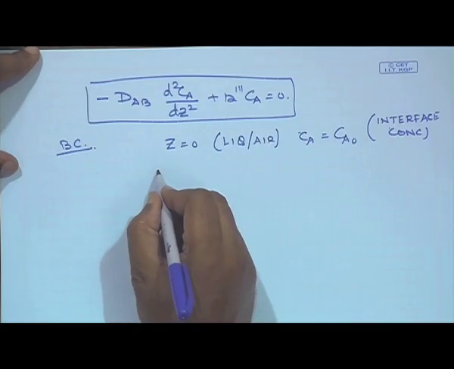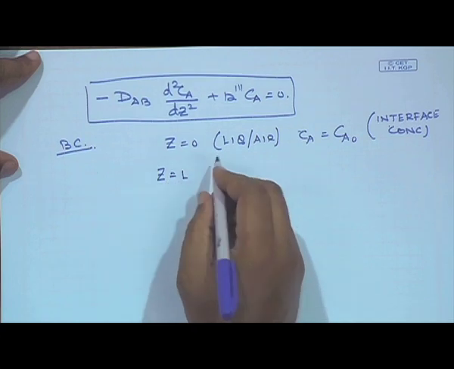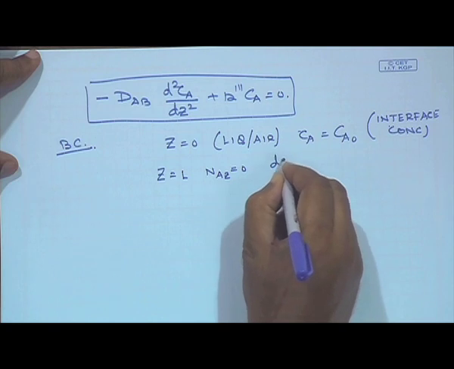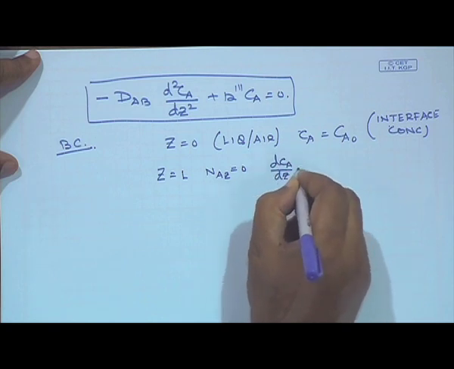The concentration gradient at that point will have to be 0, the same way the temperature gradient was 0 on the insulated surface. So the second boundary condition for this specific problem would simply be at Z equals L, NAZ is 0, so what you are going to get is dCA/dZ equal to 0.